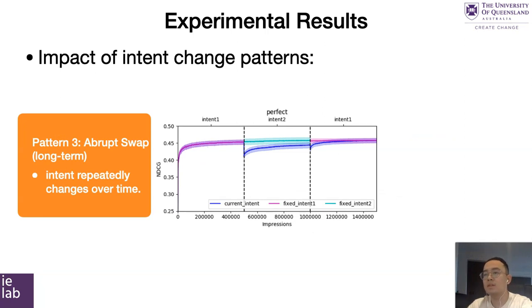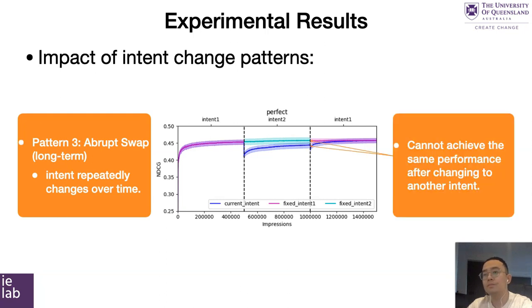The last pattern we investigated is abrupt swapped, where we also abruptly change intent, but the intent only changes between two intents. We're interested to know if the online learning to rank algorithm can quickly adapt to an intent it observed before.